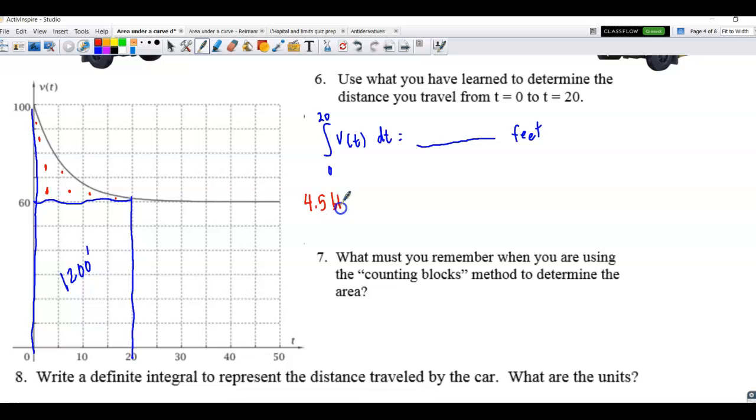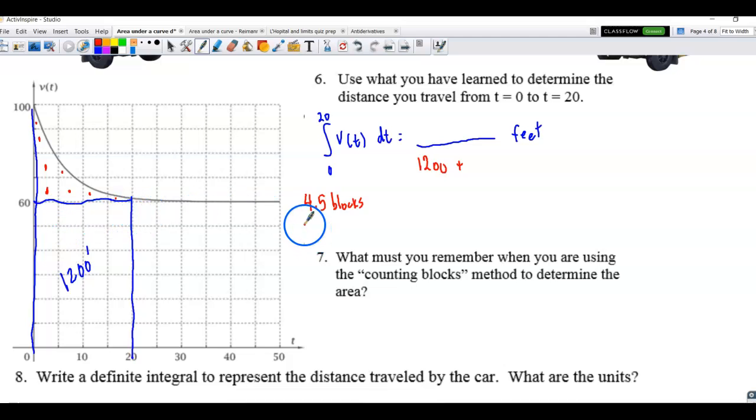Now, it's really important when I count blocks. Remember, so far I had 1,200 feet that I was able to account for. These blocks, be careful, are not 1 by 1 blocks. So 4.5 blocks is not 4.5.